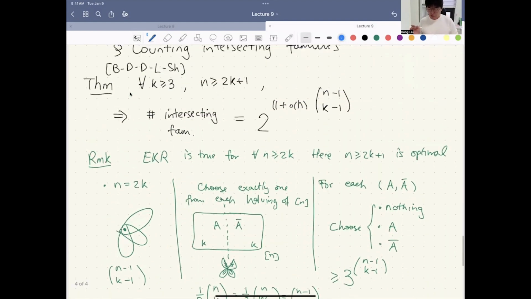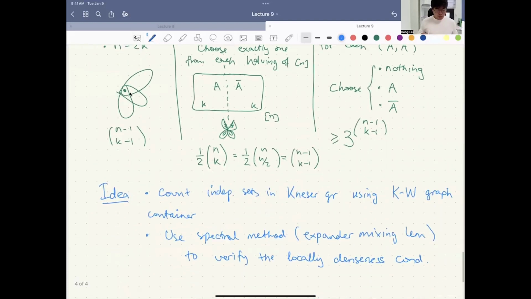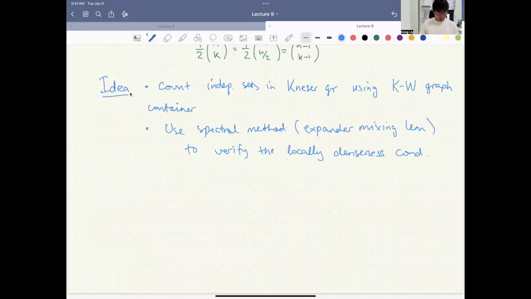Okay, so let's first translate the problem into counting independent sets in the Kneser graph. I will go through this part relatively fast because we've mentioned this before, but if it's your first time seeing it, this shouldn't be too hard to follow. So the definition: what's a Kneser graph?